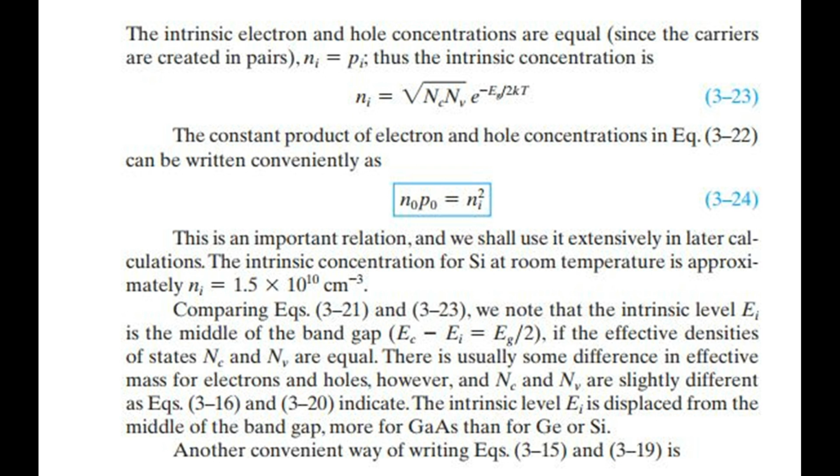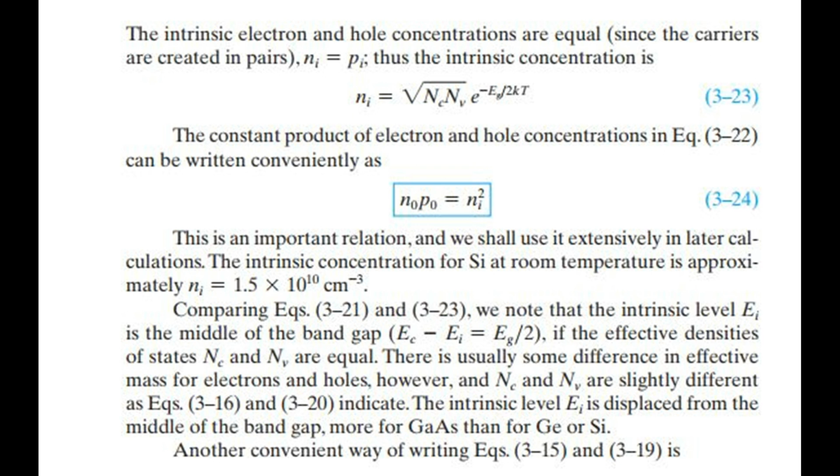It can be written conveniently as ni squared equals n0 p0. This is an important relation, and we shall use it extensively in later calculations. The intrinsic concentration for Si at room temperature is approximately ni equals 1.5 times 10 to the 10 per cubic centimeter.